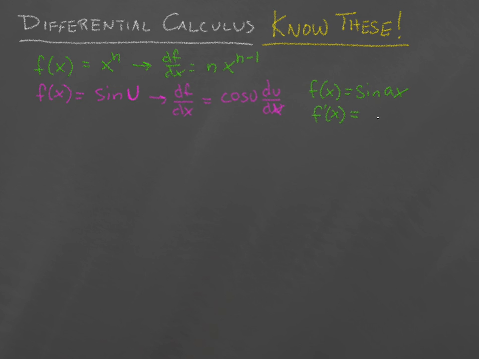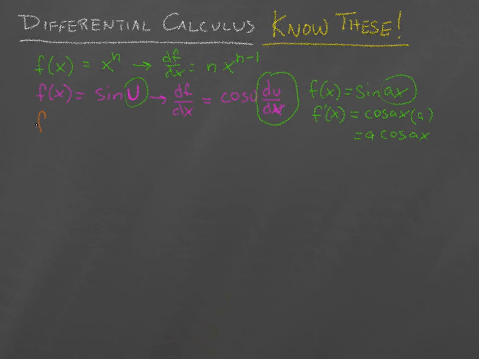Then the derivative is cosine ax times the derivative of u, which in this case is ax, which is just an a, or a cosine ax. So we add this term on the end, just remembering that u might not just be x. It may be some function of x, and in that case we need to take the derivative of that too, and anything that comes along with it.